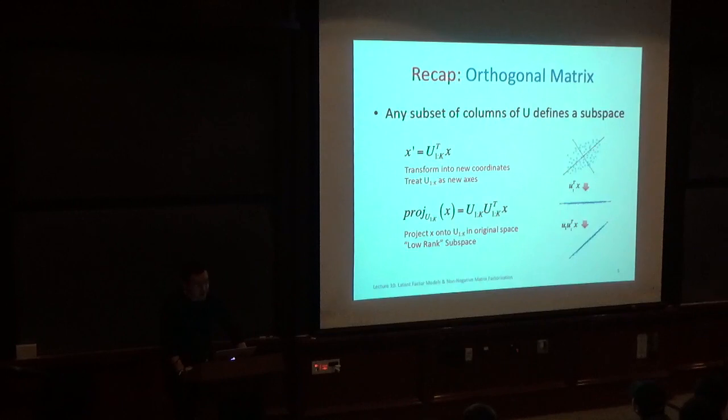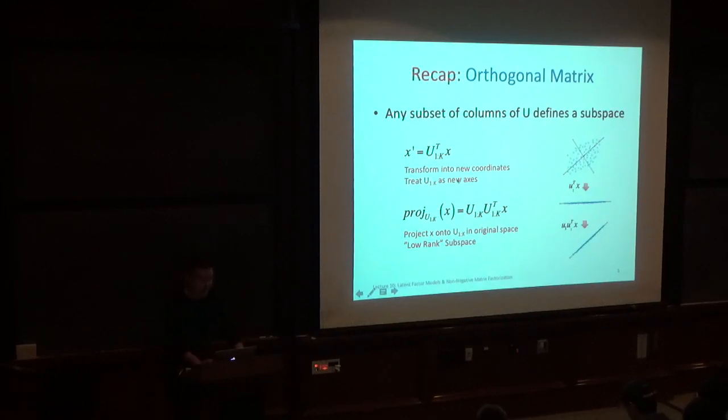We can project a data point down to a low-dimensional subspace by taking some columns of U, let's say the first k columns in this example, and multiplying it to X to get a new representation X prime. And we could treat the first k columns of U as the new axes of this representation.